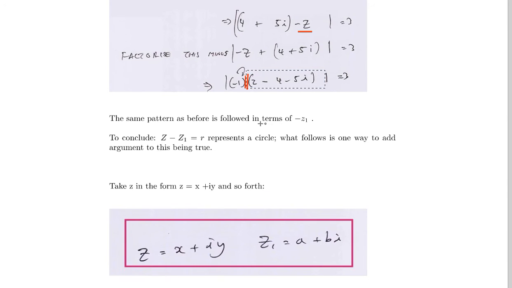Okay, now what we're going to look at is a way in which we can show why the argument here, the absolute value of z minus z1 equals r, is true. That's what we're going to look at next. How do we show that this is truly a circle? I'm going to suggest that we can write z as x plus iy.